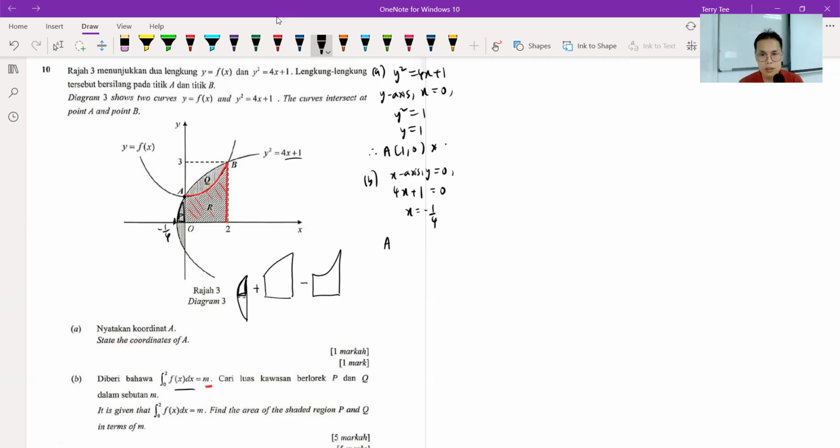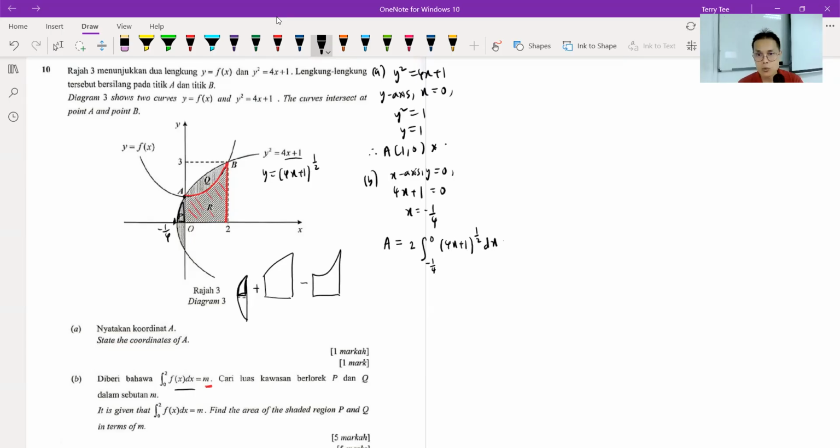Your area consists of 2 times your P, so 2 times the integration from negative 1 over 4 to 0. Your function is y, and since this is y squared, I bring over 4x plus 1 to the power of half, dx.